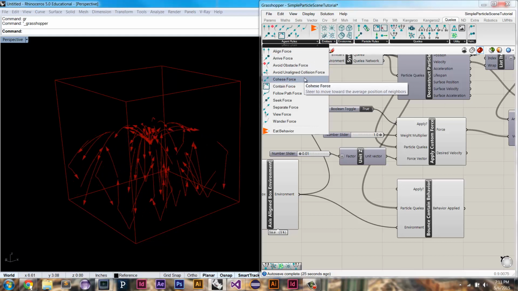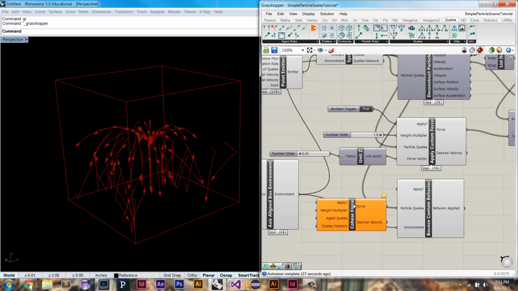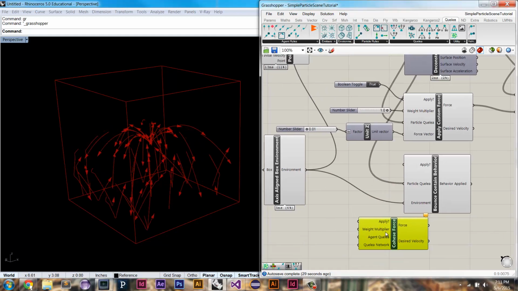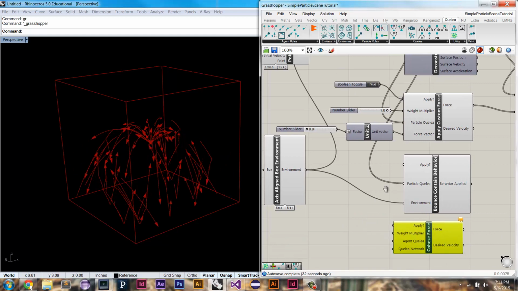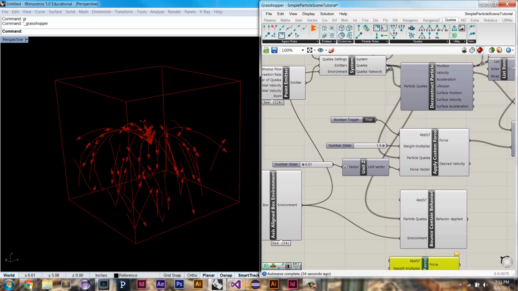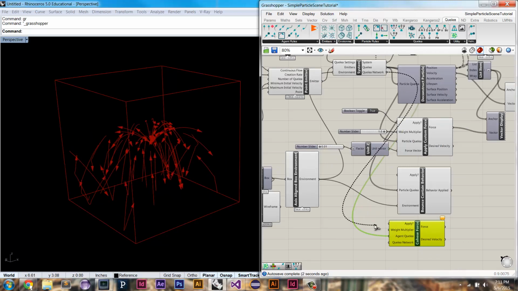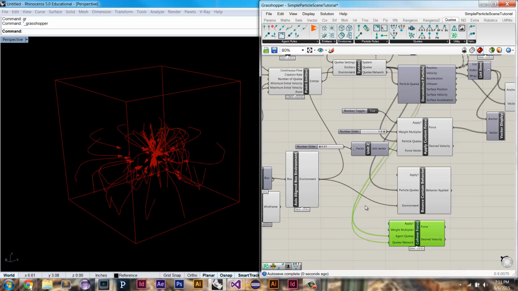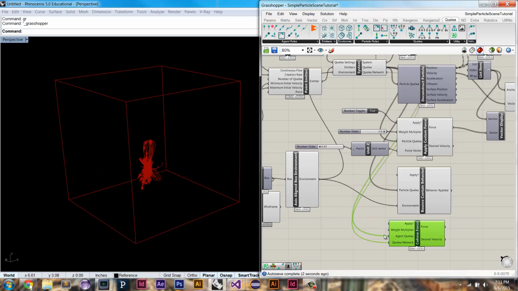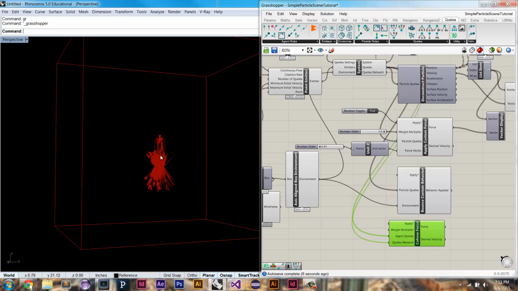The most basic is probably this cohesion force. So plug it in and then I'll explain what it does. So here it takes in an agent Quelea as well as a Quelea network, and with the cohesion force we can see that they all kind of want to travel together.